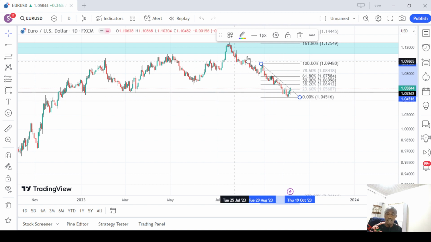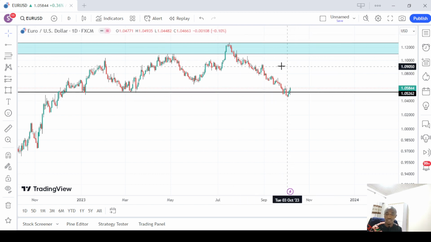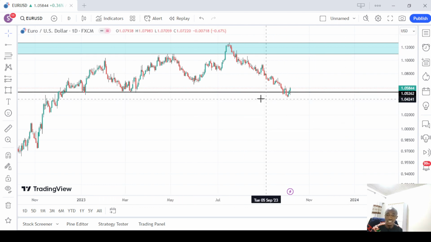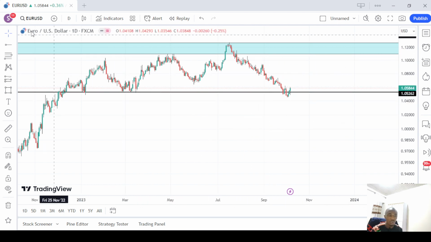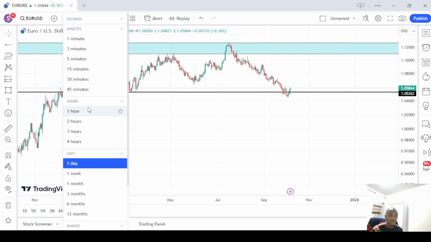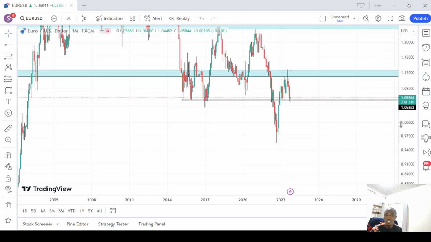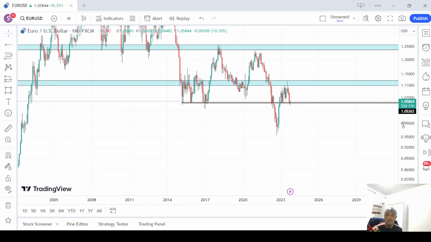So I am still on the bias that it's a sell market. So that's how to plot your supply and demand zones on the monthly and the weekly.